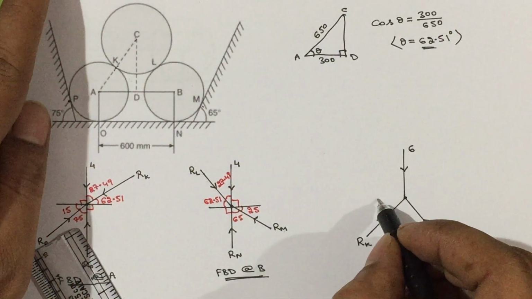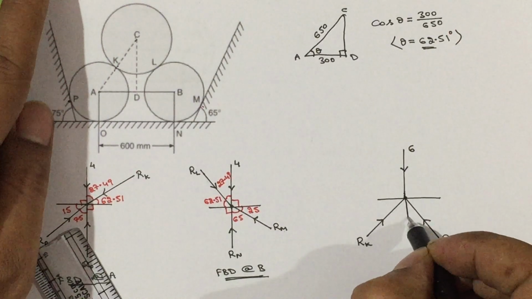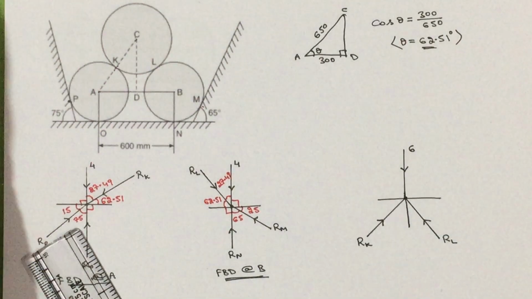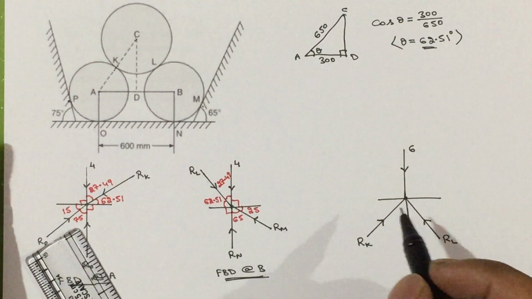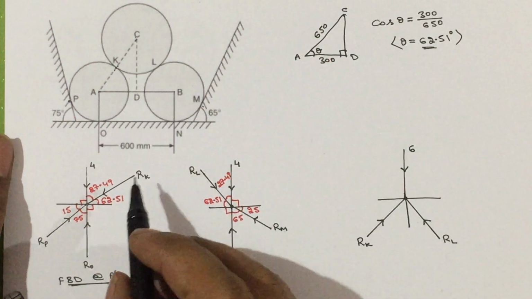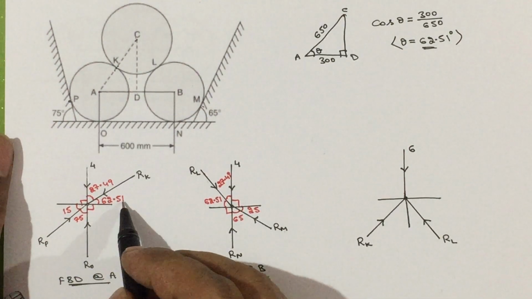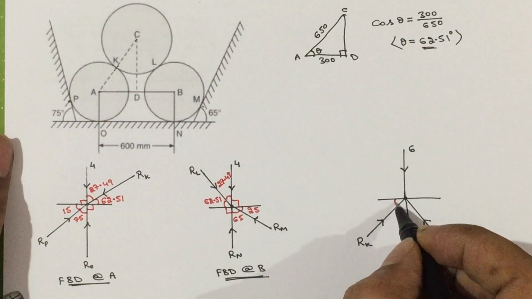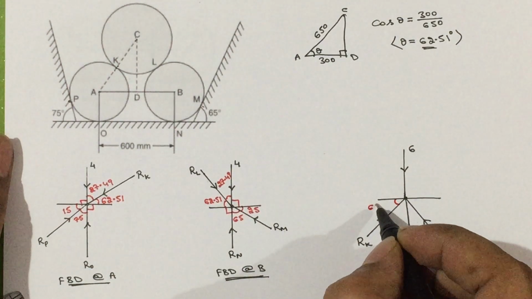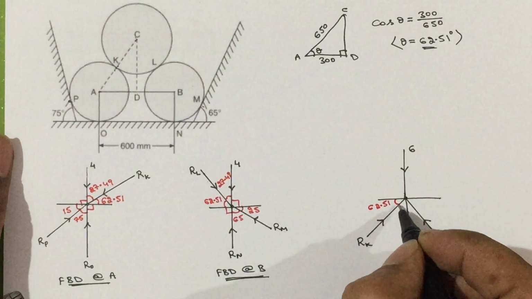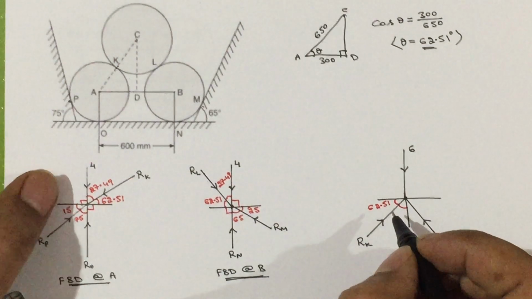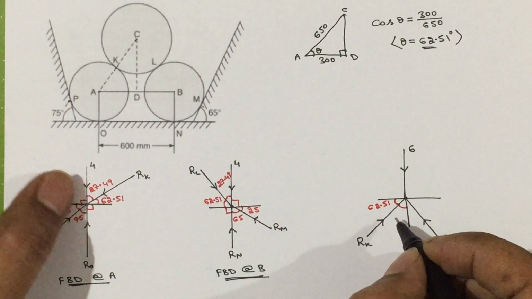Then we need angle. For that, draw a plus mark at the given point. RK is inclined at 62.51 with respect to horizontal. Then with respect to vertical, it will become 27.49.